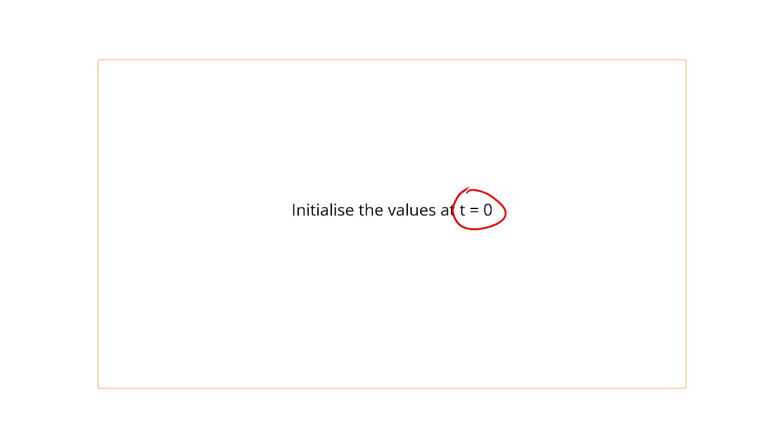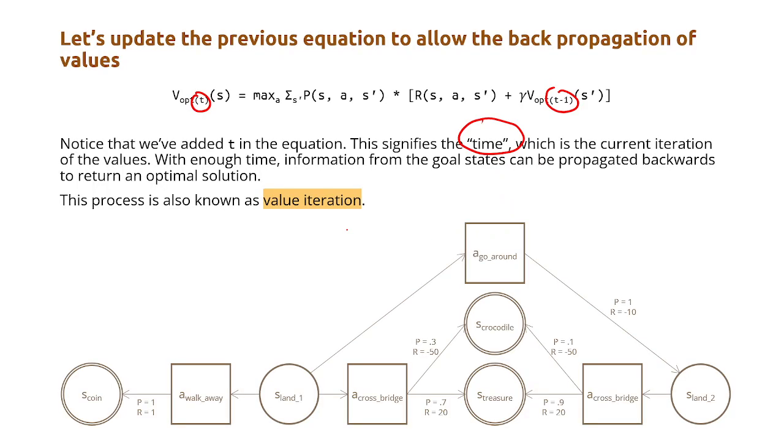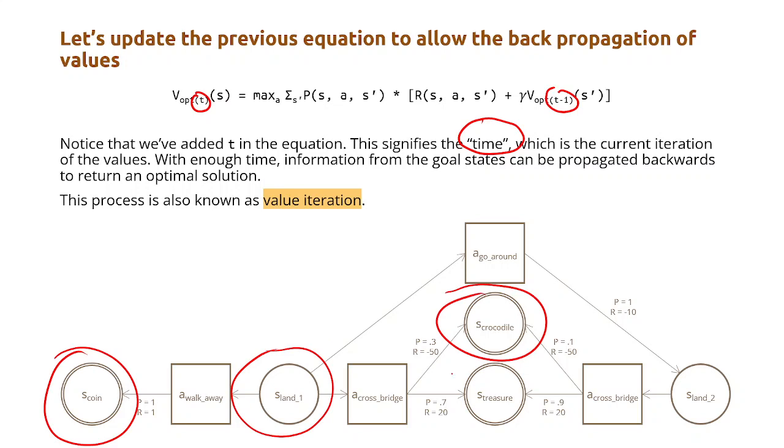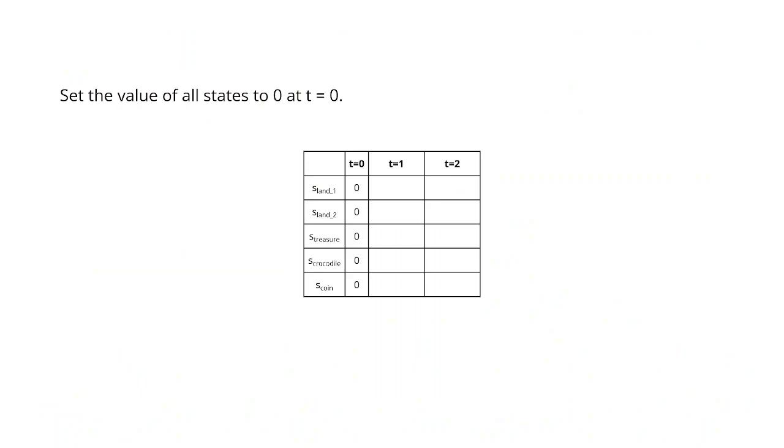So what do we mean by initializing the values to 0? Remember that we have 1, 2, 3, 4, 5 states, right? One state, second state, third state, fourth state, and fifth state. So the values of these states at t equal to 0 is equal to 0.